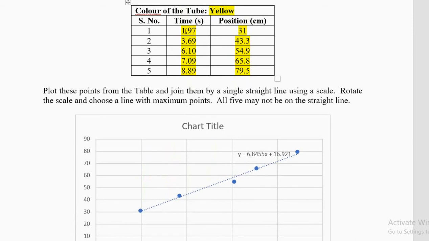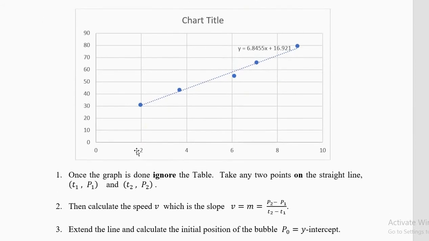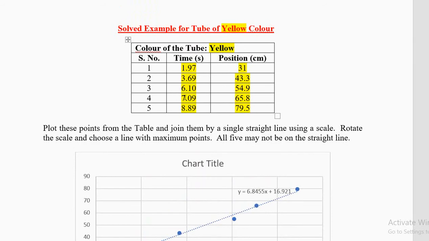Now your graph paper cannot show 1.97 seconds. You have to round it off to 2 seconds. 3.69 will go to 3.7 and 6.1 will remain as it is, because in your centimeter graph you can see 10 lines in each centimeter. So 7.09 will correspond to 7.1 and 8.89 will correspond to 8.9.